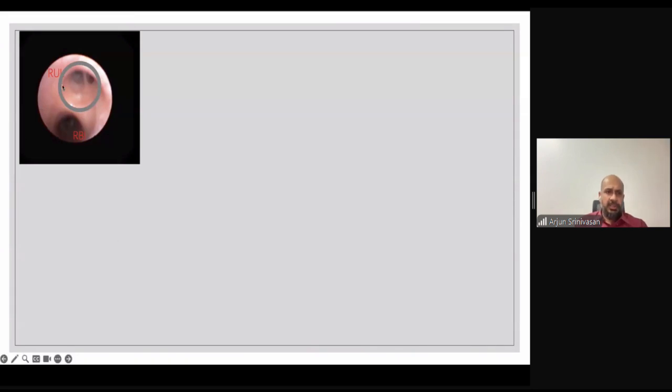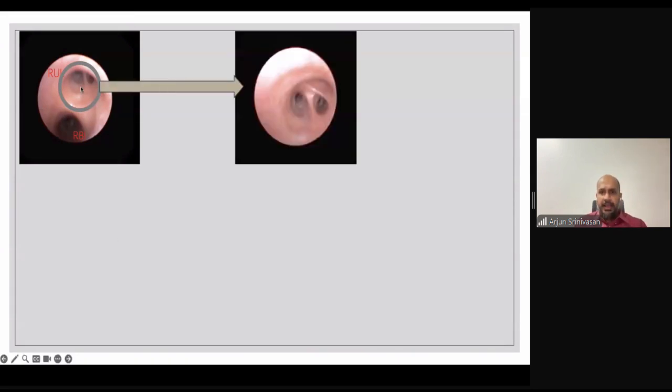You can see that this is the right upper lobe. And you can see that this is the anterior, posterior, and apical subsegment.